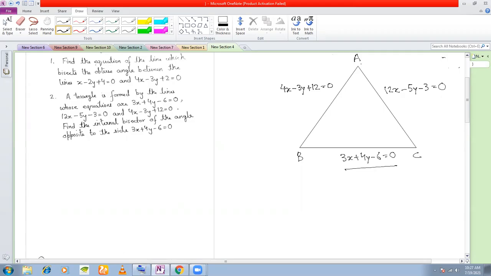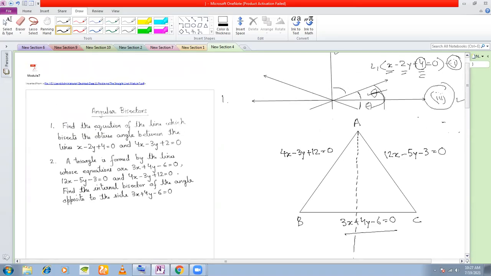Internal bisector of the angle opposite to which side? This side. What is the angle opposite to this side? This angle. Right? This is the one bisector. What can be the other bisector? You produce this side.